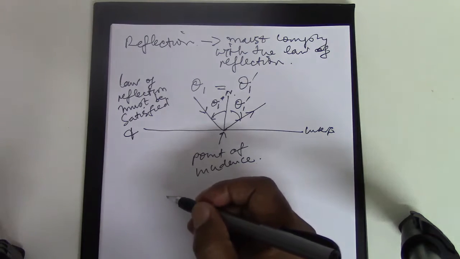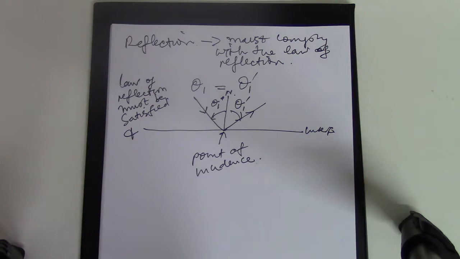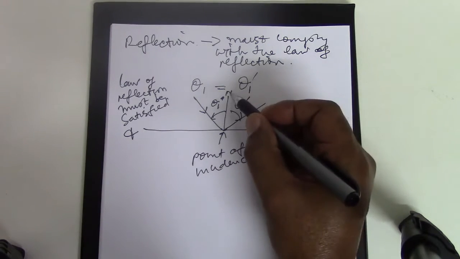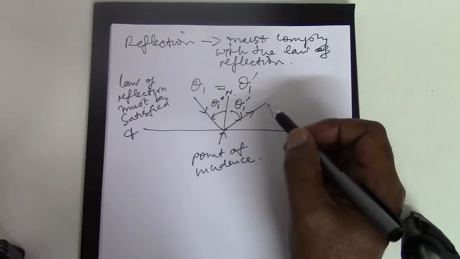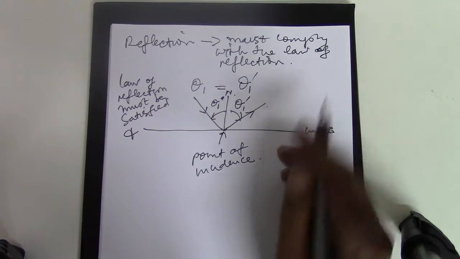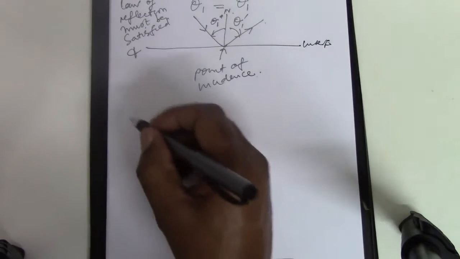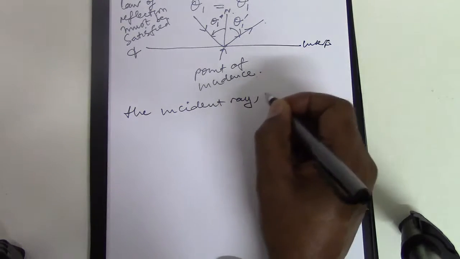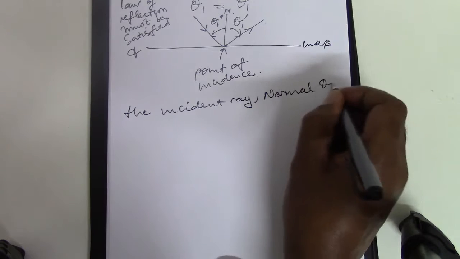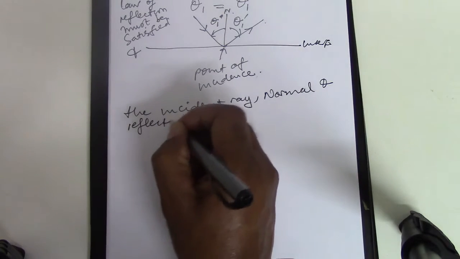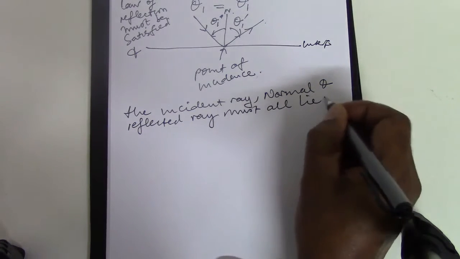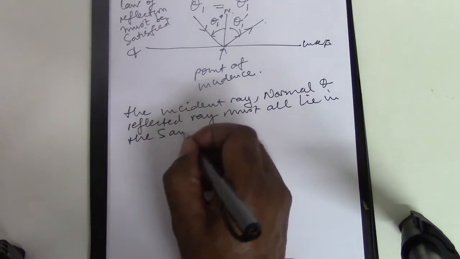And remember also, according to Snell-Descartes laws, the incident ray, the normal, and the reflected ray must all lie in the same plane.